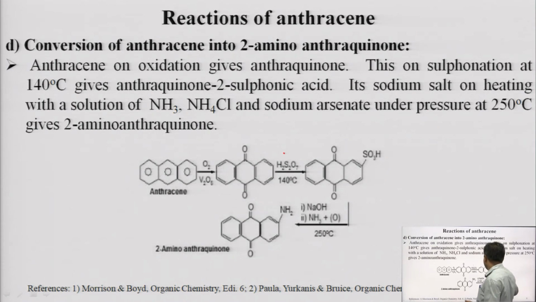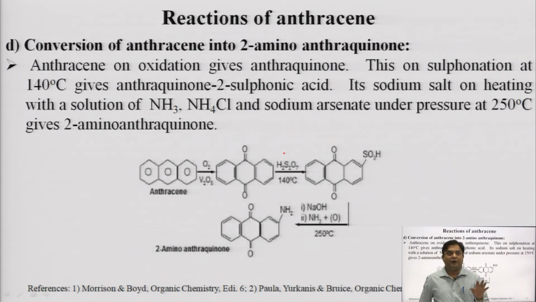Again, when it is reacted with ammonia in the presence of sodium hydroxide, we get 2-aminoanthraquinone. So, anthracene on oxidation gives anthraquinone. This on sulfonation at 140 degrees gives anthraquinone-2-sulfonic acid.